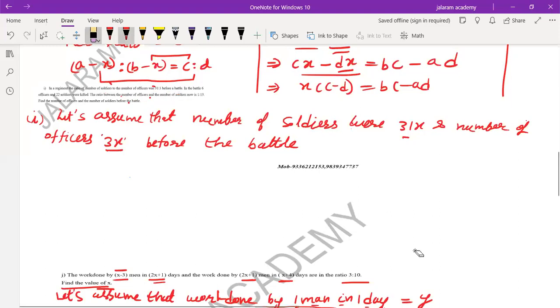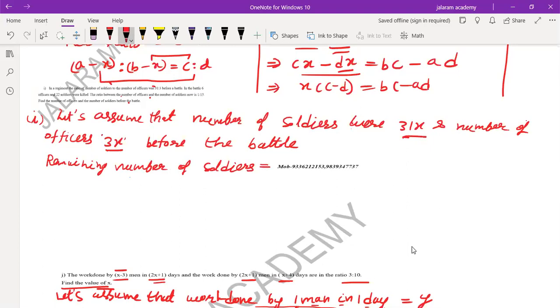Now the remaining number of soldiers, when 22 soldiers were killed. So remaining number of soldiers equals, as initially the number of soldiers was 31x and 22 were killed.